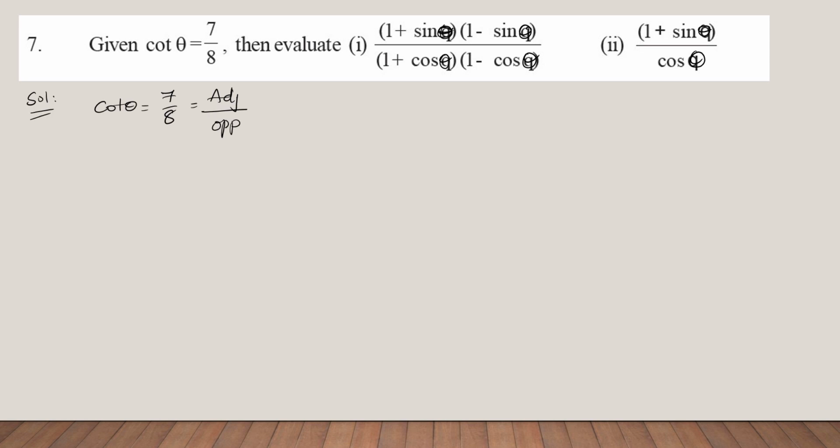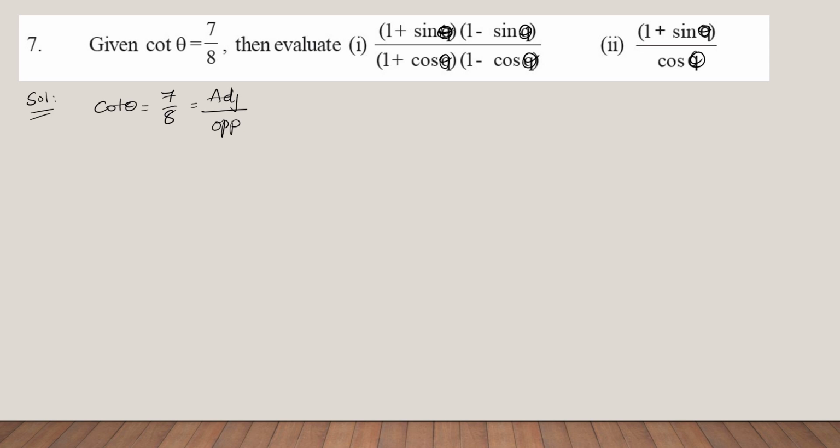From this we can find the ratio of sin theta and cos theta, and then we can proceed. So this is one approach. There is one more approach we can follow here: if you can change the given values into cot theta, then we can find it out.